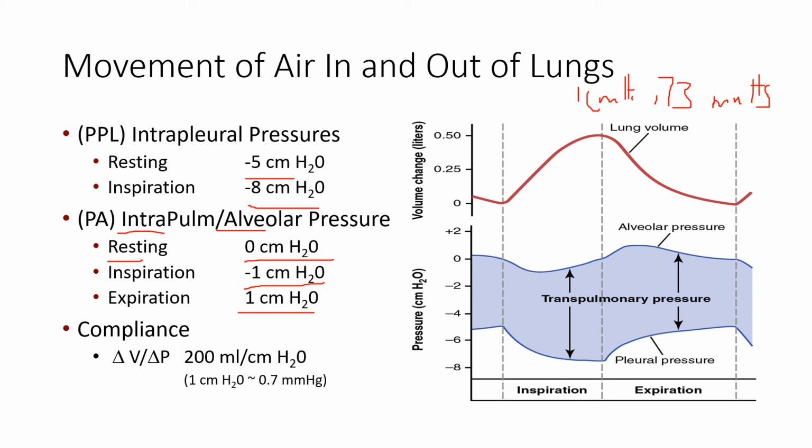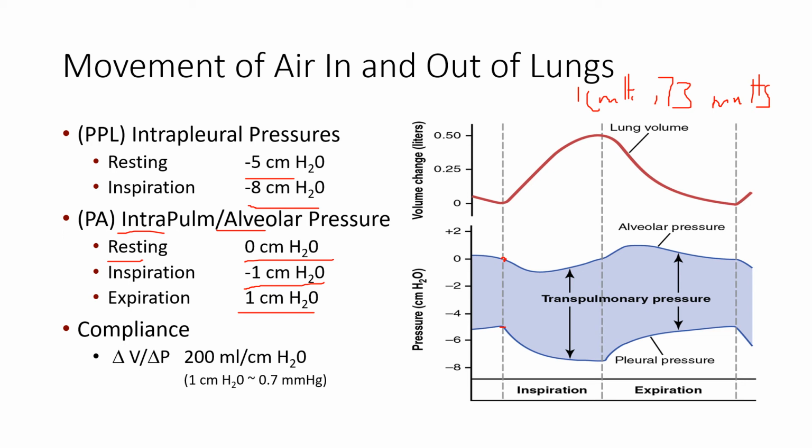So this graph, I think, demonstrates this quite nicely here. As we start, at rest, again, this is before inspiration, at the end of expiration, when those forces in the chest wall and the lung are balanced, right? Our pleural space, like we mentioned, because of that force coupling, is about -5 with respect to atmospheric. And then the pressure in the lungs is 0.